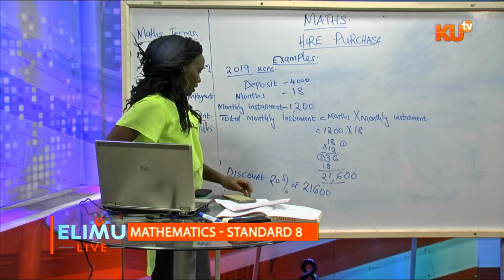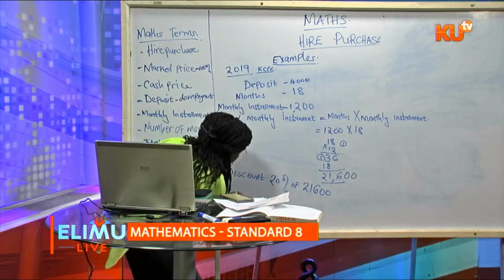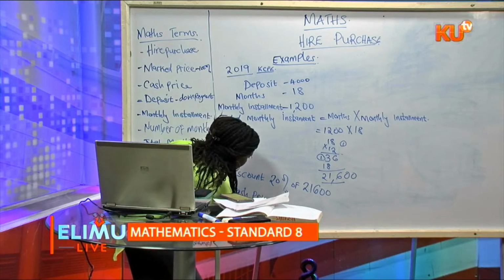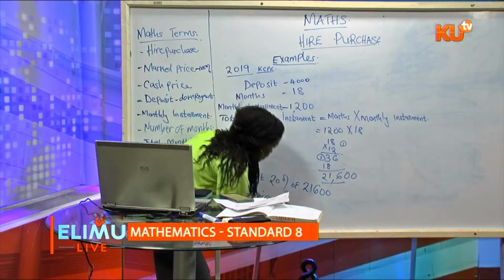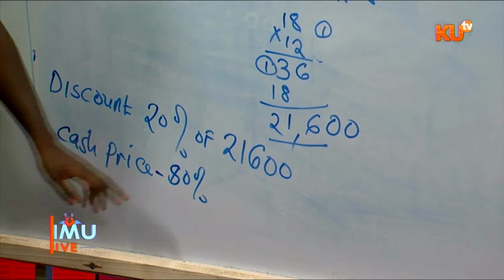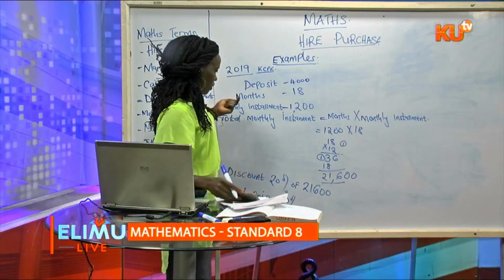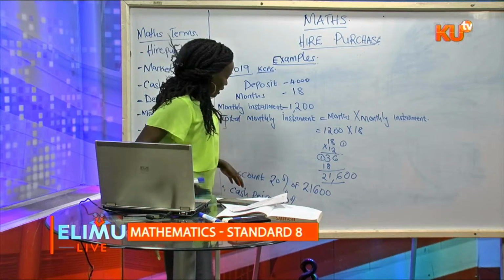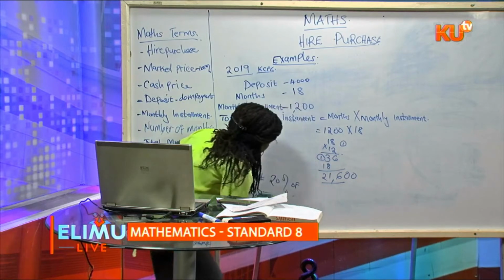So if this person was given a discount of 20%, it means that the cash price was below 100, meaning it's 100 now minus 20, we get 80%. Now this percentage is the one in which he bought that sewing machine. We are comparing the hire purchase and the cash price. So this is not correct here. Sorry for that.